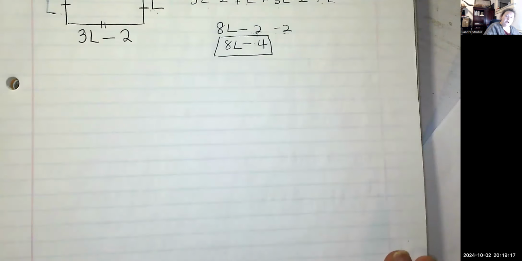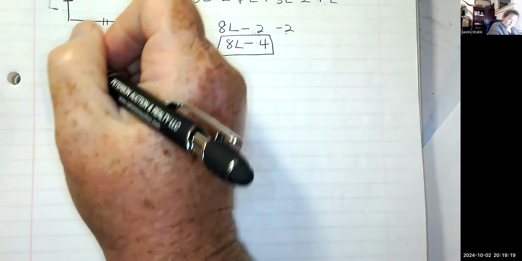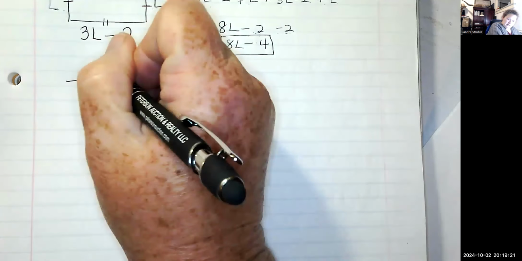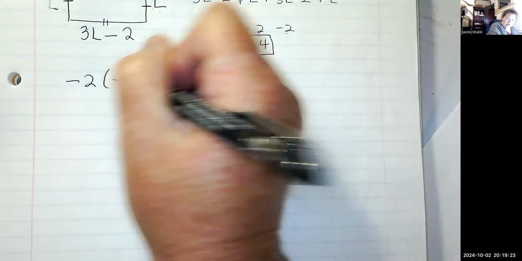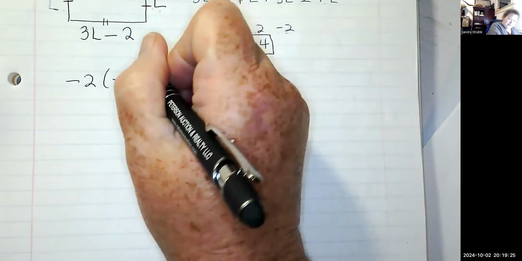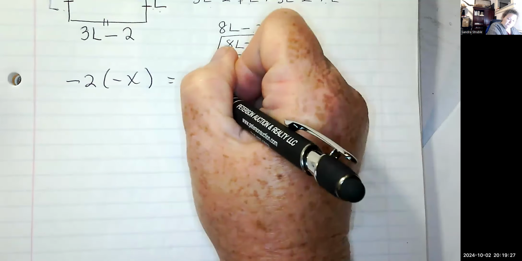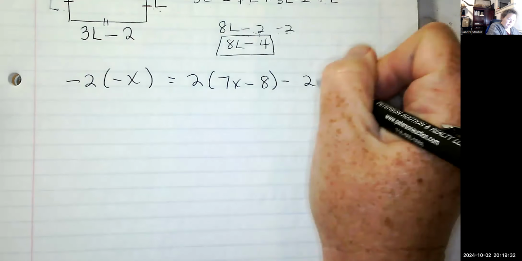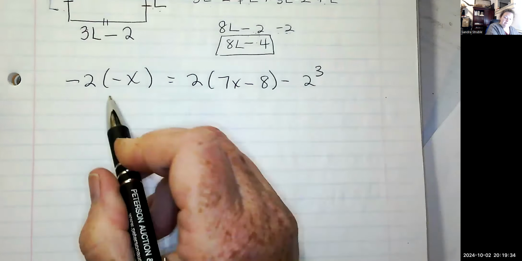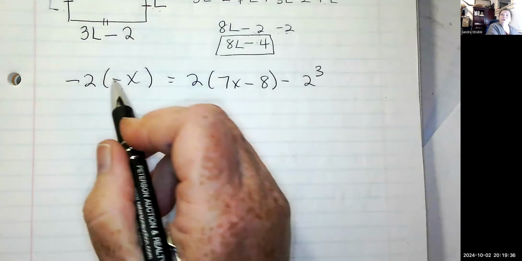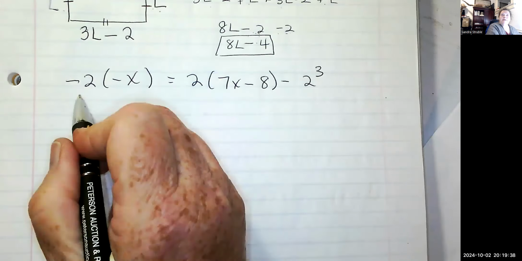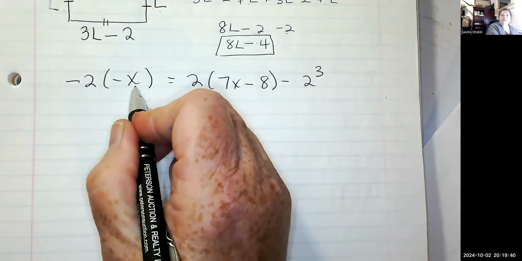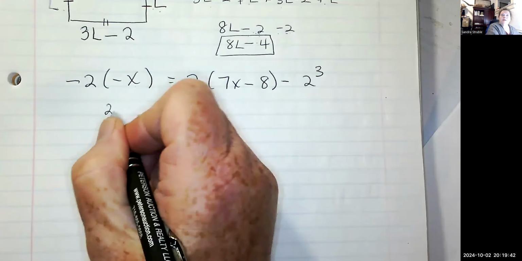Okay, solve the equation. Negative 2 times negative x equals 2 times 7x minus 8 minus 2 cubed. All right, 2 times x is 2x.